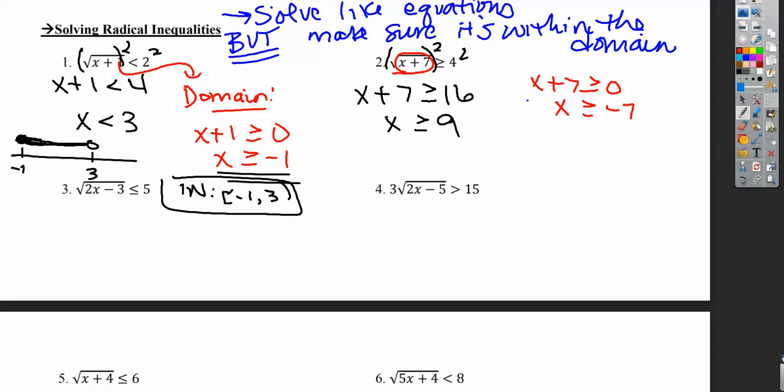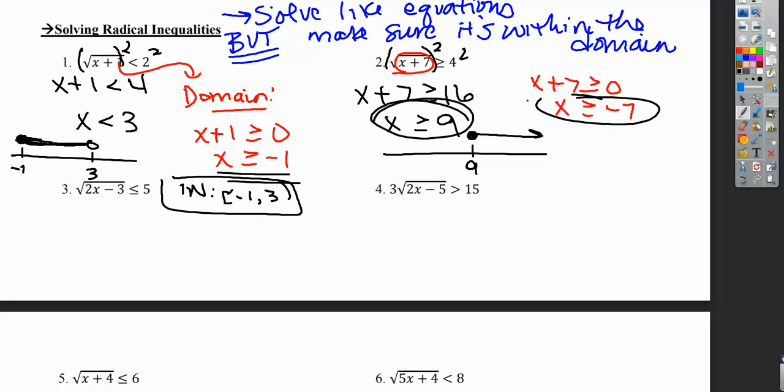If I graph my solution, x is greater than or equal to 9. Notice my domain has to be bigger than -7. Since this is already bigger than -7, I don't have to restrict it. So my interval notation is just 9 to infinity.